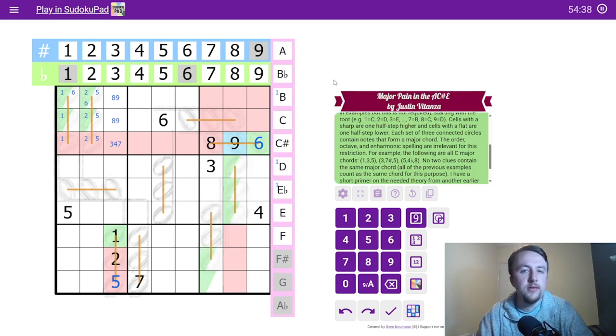Are there any other observations like that? So we need a natural 6. Sharp 6. Do we need 2 B flats? B flat appears in B flat major. It appears in F sharp major, which we know doesn't exist in this puzzle.